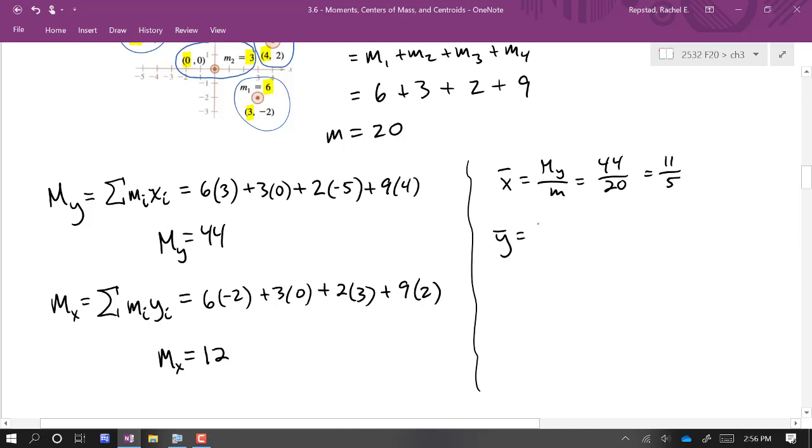And y bar is mx over m, so that is 12 over 20, and that is 3/5. So that means that the center of mass is this point here, 11/5, 3/5.